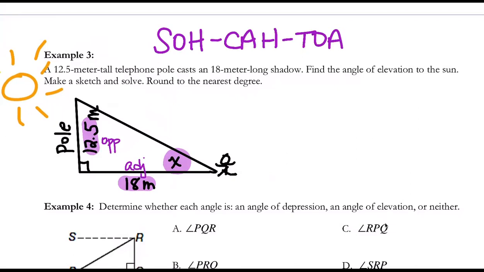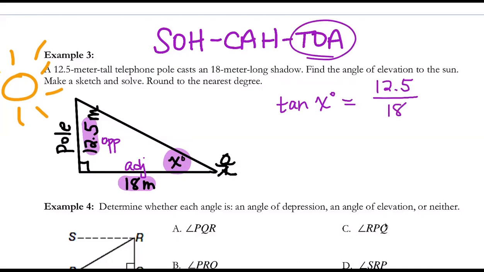The X here is in degrees. I'm going to put that on there just to make sure we remember we're finding an angle measure. Okay, X degrees. So are we going to do sine, cosine, or tangent? Well, again, we have opposite and adjacent, so we're going to do tangent. And so it would be the tangent of the angle, which is X degrees, is equal to the opposite, which is 12.5, divided by the adjacent, which is 18.